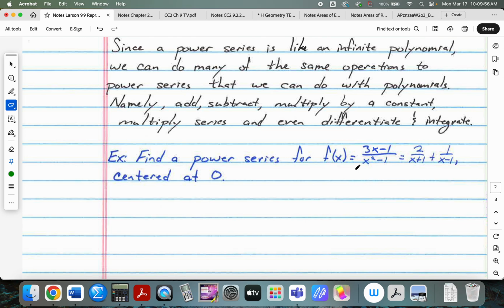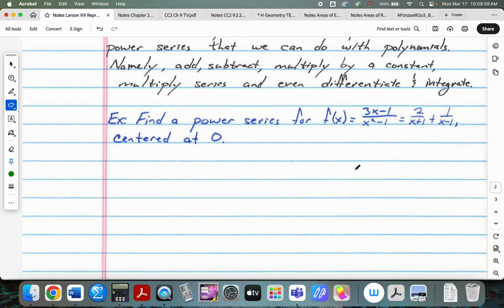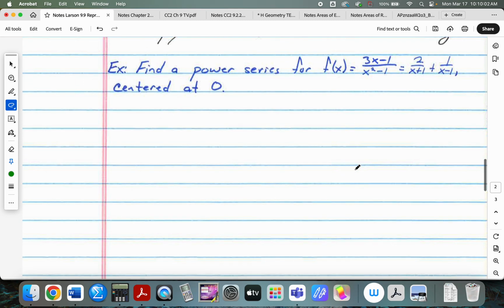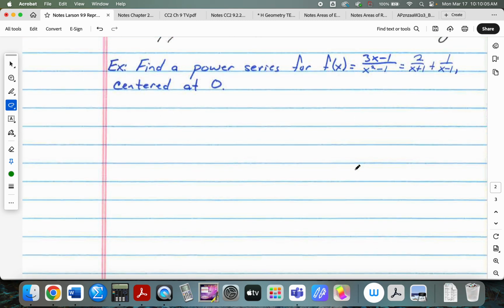So, for example, let's take a look at this one. Find a power series for f of x which is equal to 3x minus 1, which by partial fractions, I didn't make you jump through that particular hoop, but that could be one of those problems on the AP exam where they're going to go, use partial fractions decomposition to rewrite this, or even to integrate that, okay?